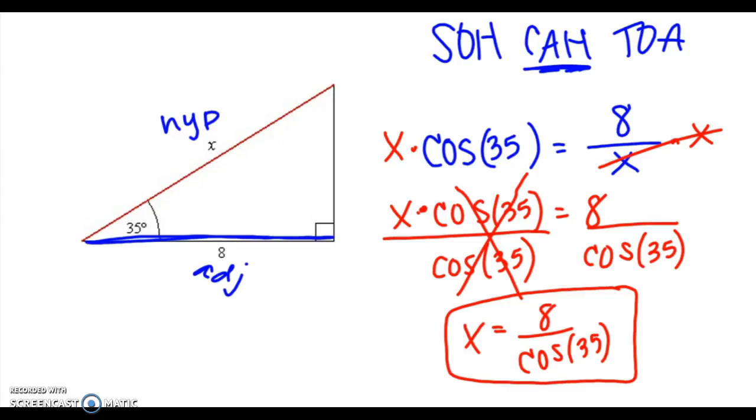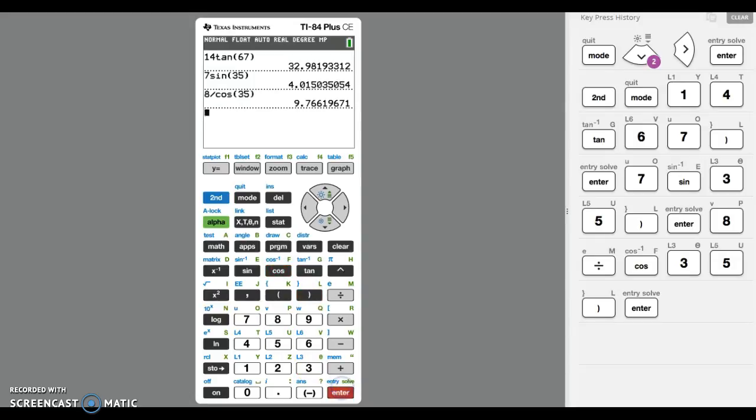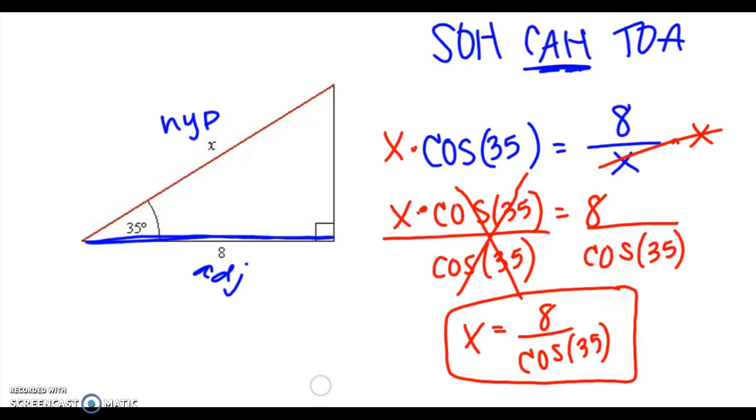So 8 divided by cosine of 35, enter, and that side length is going to be about 9.77. So I go back, and our hypotenuse is going to be about 9.77 units. So that's just another type of example when x isn't in that 8 spot where it has been in the last examples. There's just an extra algebra step in there.